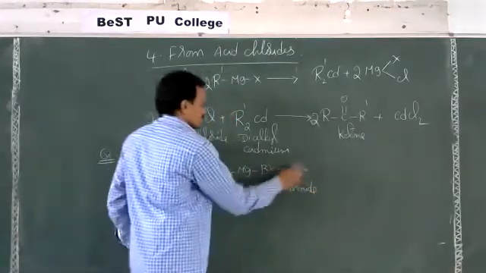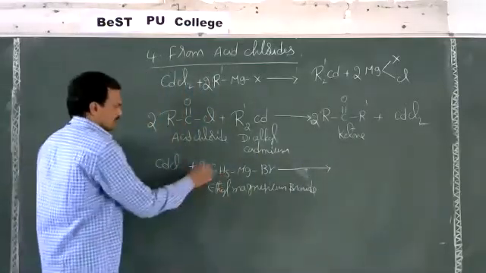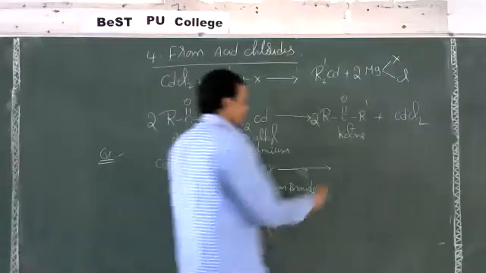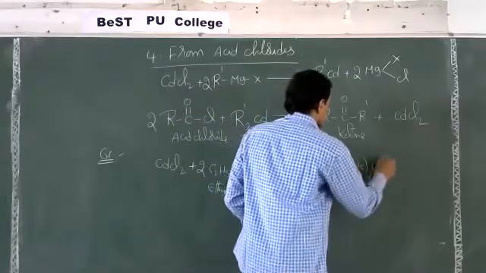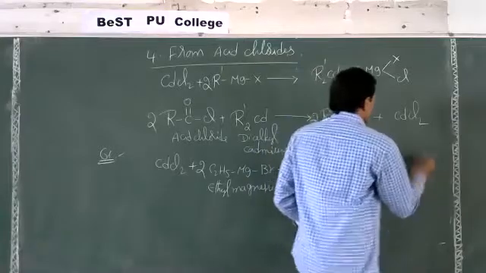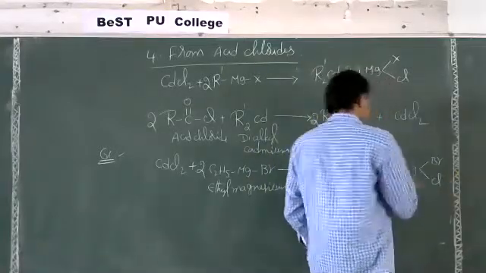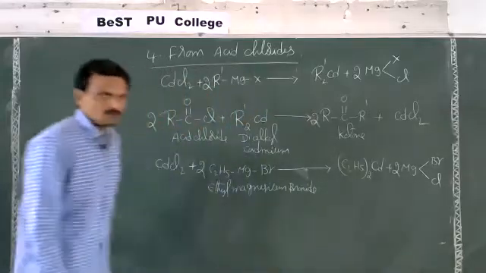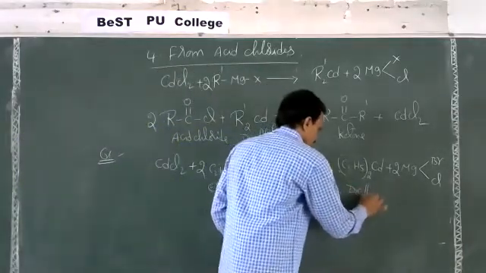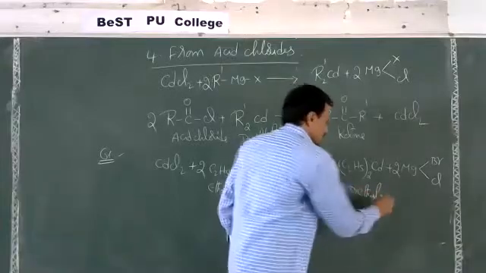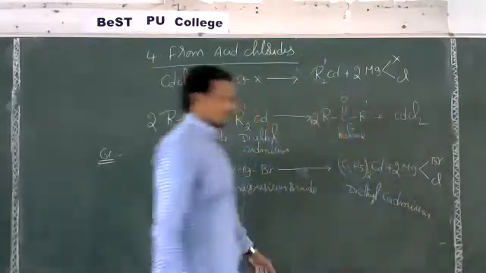Right. So when cadmium chloride is allowed to react with ethyl magnesium bromide, 2 moles, then we can get (C2H5)2Cd plus MgBrCl, 2 moles. This is diethyl cadmium.